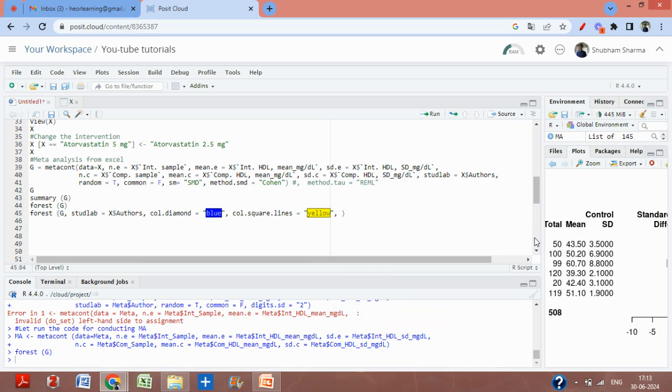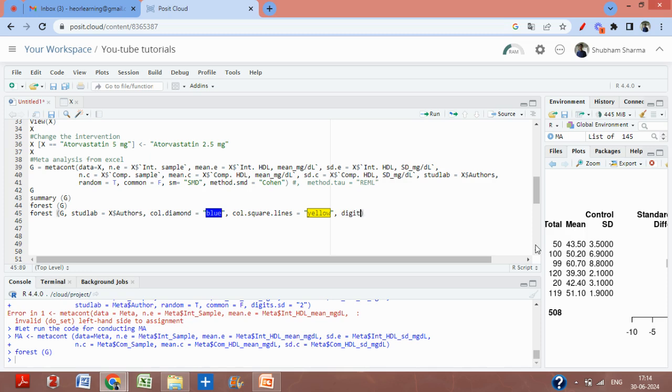Yeah, two more things we need to do. One, we have done with the study labels and authors, and now we need to put two digits after the decimal. As you can see, there are four digits after the decimal for this SD. We need to convert it into two.